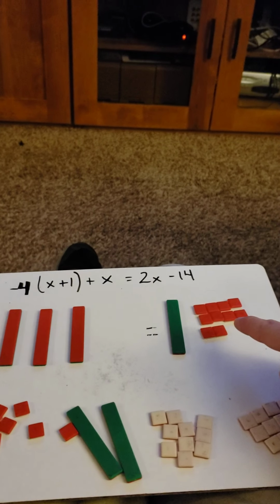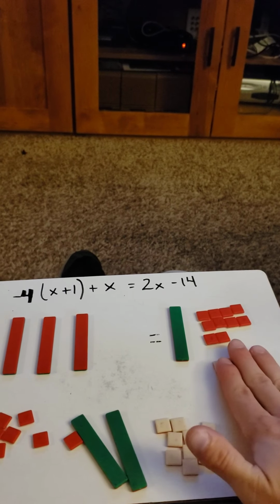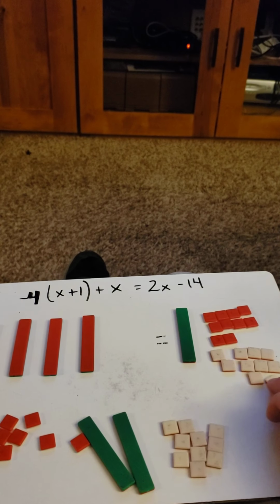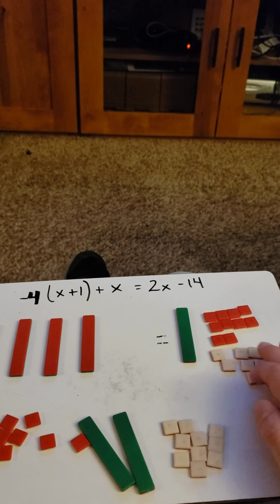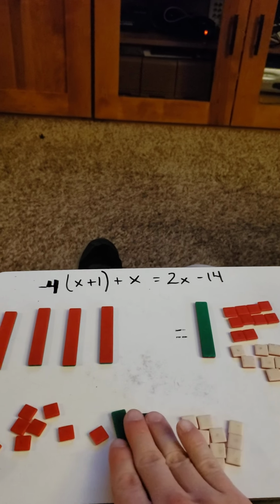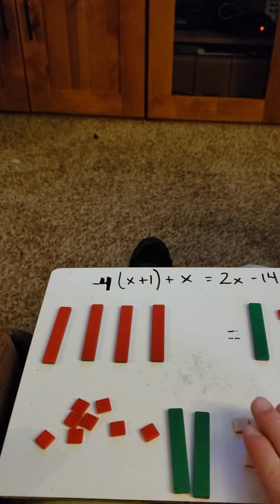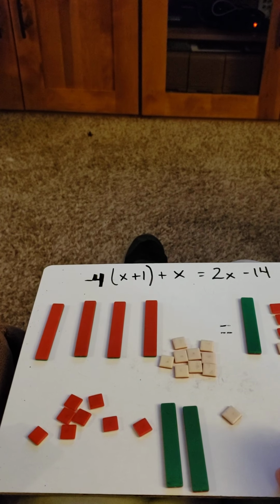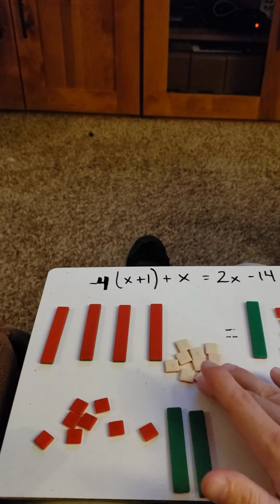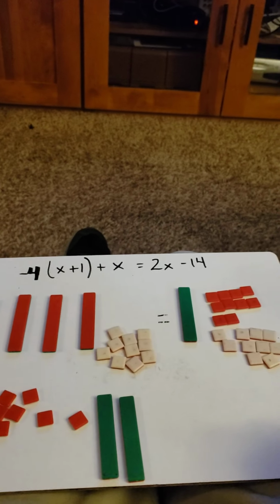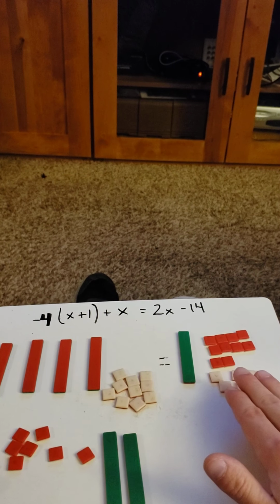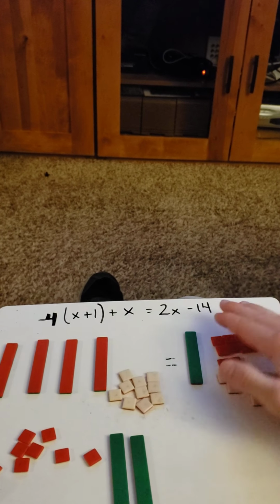Since there's negative 10 right over here, we'll put in positive 10 on this side, 2, 4, 6, 8, 10, and then we need to put in positive 10 on the other side, 2, 4, 6, 8, 10. When we put in the positives on this side with the negatives, we know that these are going to cancel out.